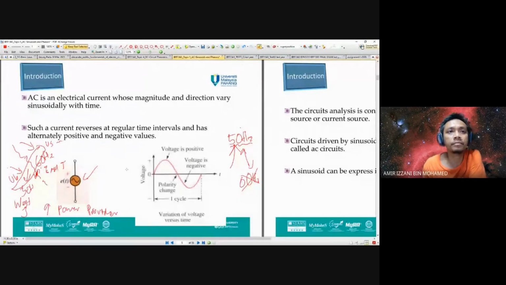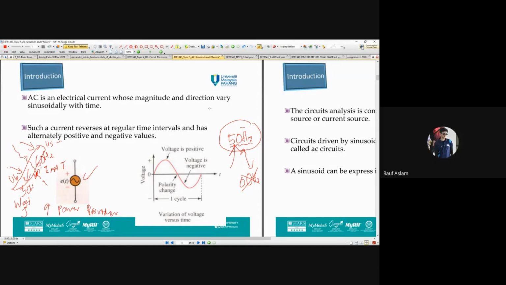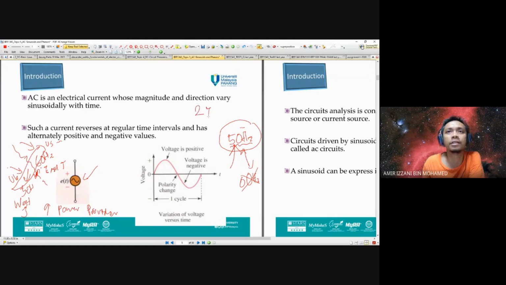By the way, let's go back to our subject. So our frequency is 50 hertz. What is the voltage at the socket? Just now somebody said 12 volt. No, it's not 12 volt. It's 240, plus minus 5%, if I'm not mistaken. So the voltage will fluctuate.